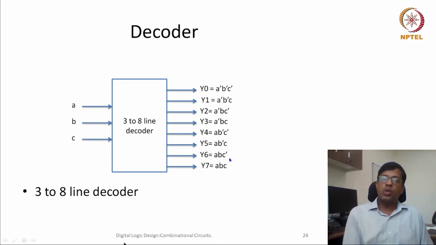This is also quite a popular circuit, very similar to a demultiplexer, but the cost is less. The cost of a decoder, I can clearly say, is n AND gates, and each AND gate would have a number of inputs equal to the number of control inputs.